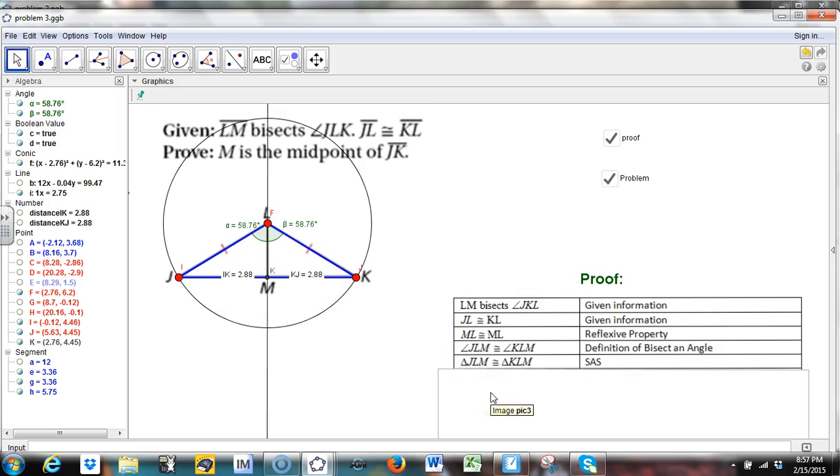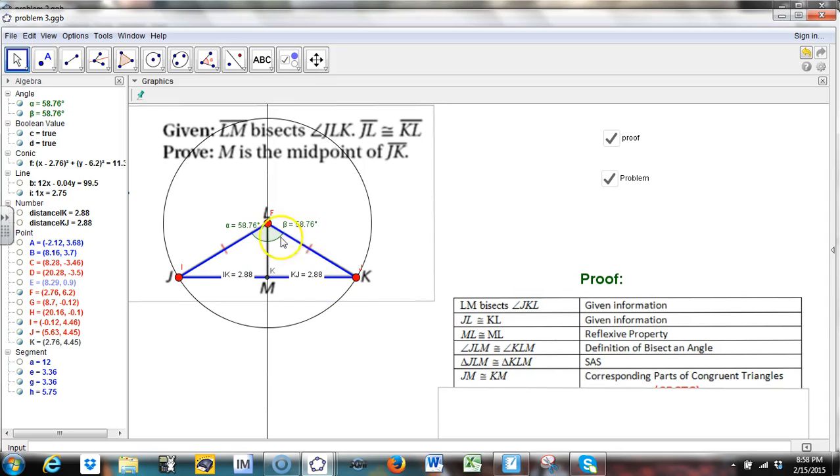And then, once we know that those two triangles are congruent, just using symmetry, the fact that if you cut this triangle in half, this triangle would just fold right on top of this triangle. Therefore, this segment JM has to be congruent to this segment MK, right? JM has to be congruent to KM because they're corresponding parts of congruent triangles, so they're congruent.